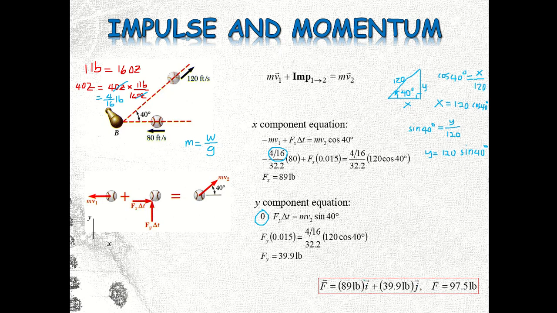The i indicates the x component and the j is for the y component. Summing up, we have f equal to 97.5 pounds.